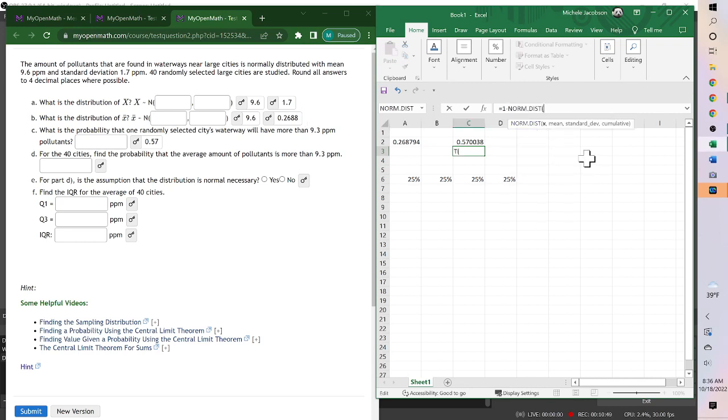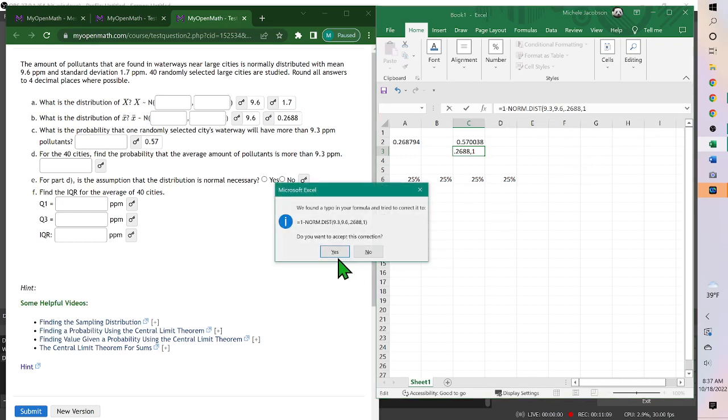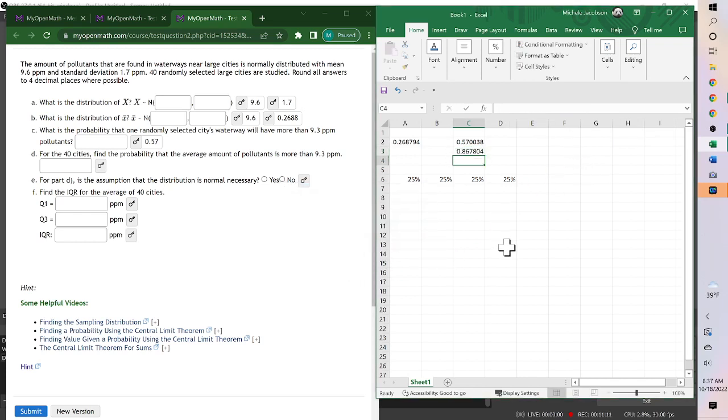The x value, which was 9.3, comma the mean 9.6, comma standard deviation from part B 0.2688, and area under the curve is 1. Sometimes if you forget to close the parenthesis at the end, it will tell you. But there's your answer.